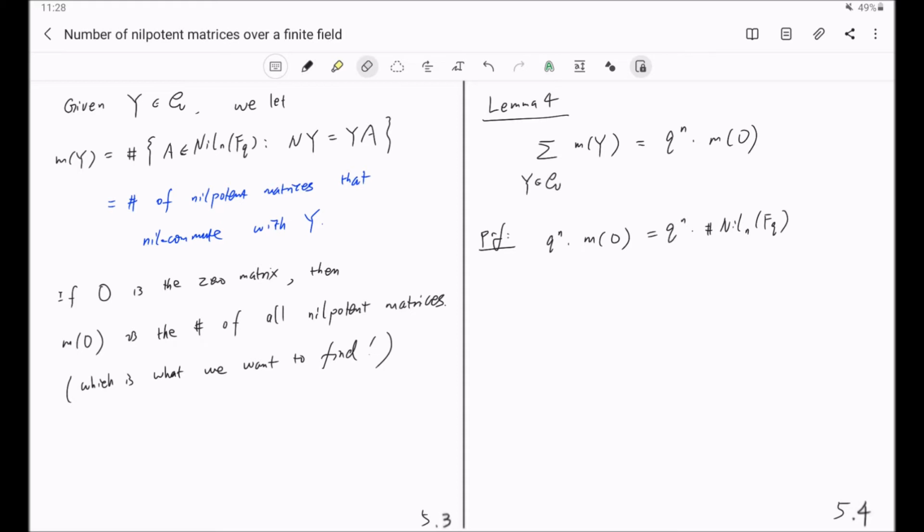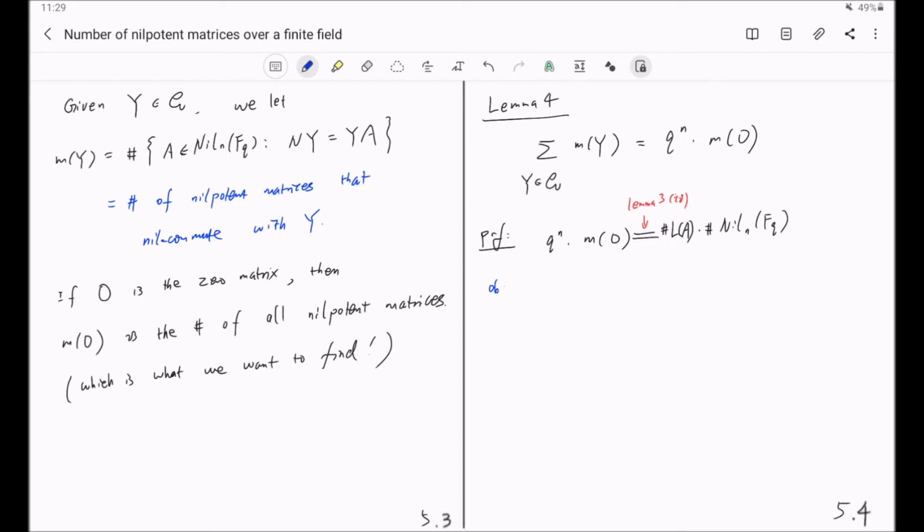And this Q raised to power n by our lemma 3 is equal to the number of elements in alpha. So here we used lemma 3, part 2. So now let's look at the product of those two cardinalities.